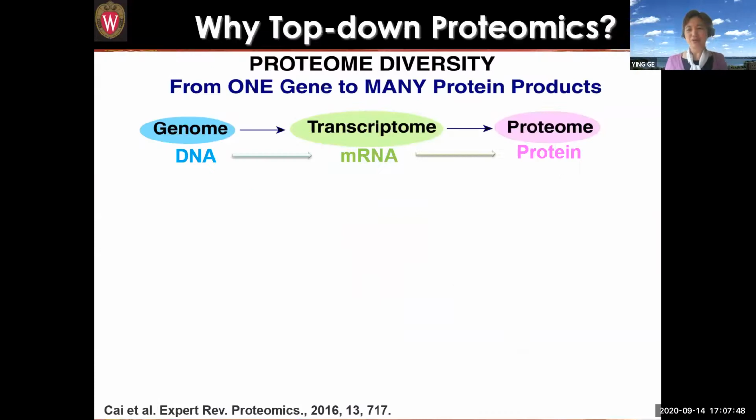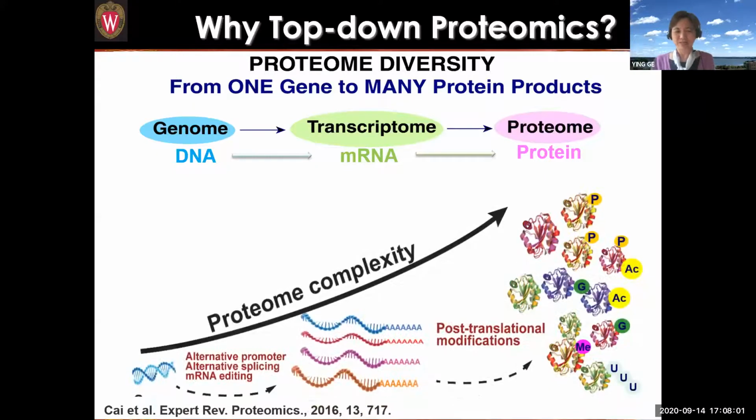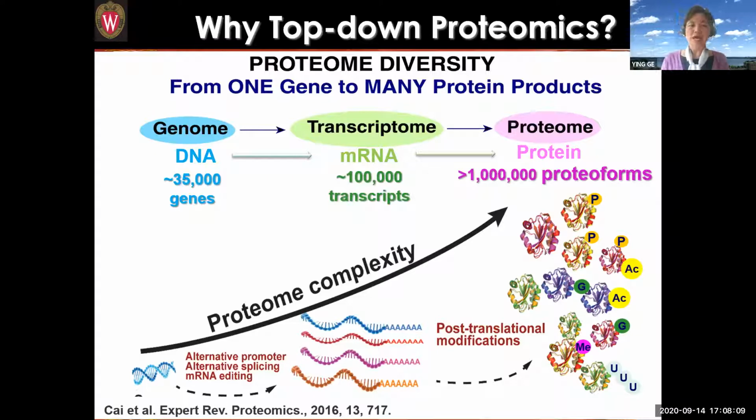As you know, we were trained by Fred McLafferty, so top-down is in my genes. We pretty much started doing top-down when I was a graduate student. But why top-down? Unlike the genome, which is a blueprint, static, the proteome is very complex.